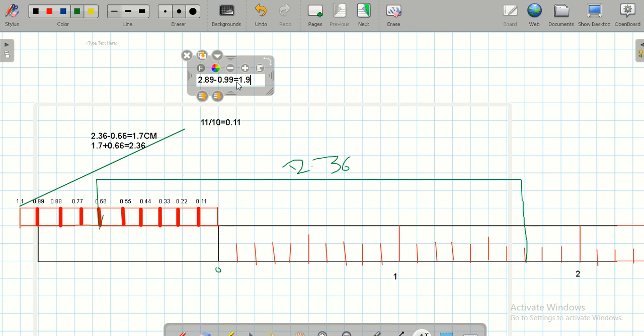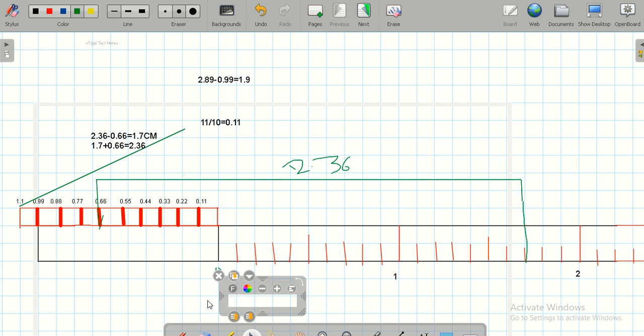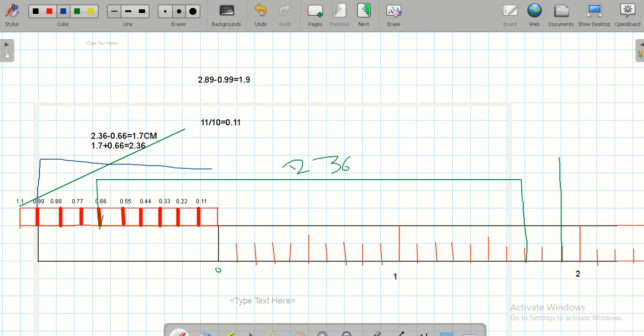Can you measure 1.9 on your normal scale? Yes. From 0 you have to measure 1.9 up to here. And what else is required? 1.9 plus 0.99. So 0.99 you will be measuring on the Vernier. So this total length is now 2.89.